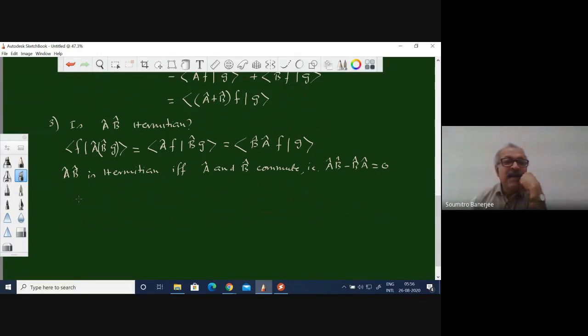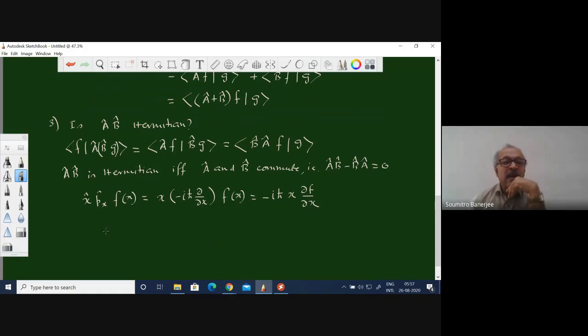For A equal to x, B equal to p, what happens? x px operating on f of x is equal to x times minus i h cross del x operating on f of x, which is equal to minus i h cross x del f del x.